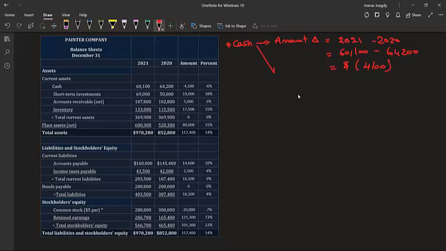If you would like to calculate it as a percentage, you divide 4,100 by last year, year 2020.